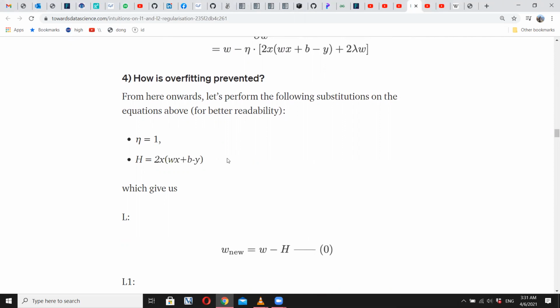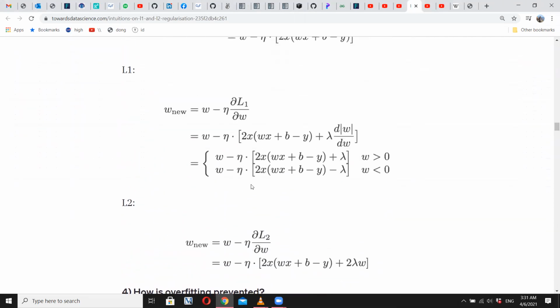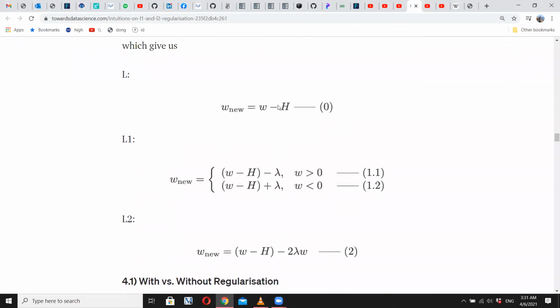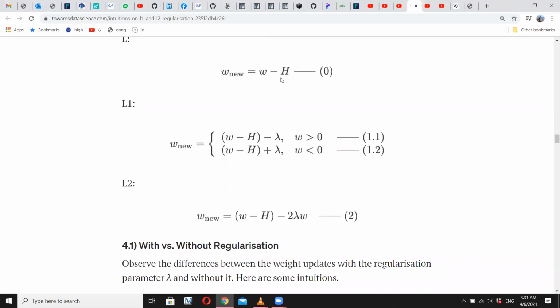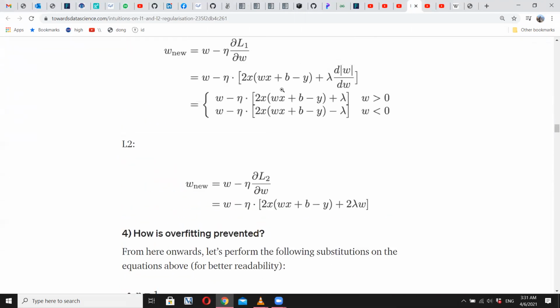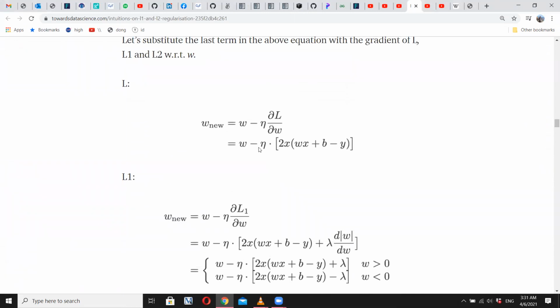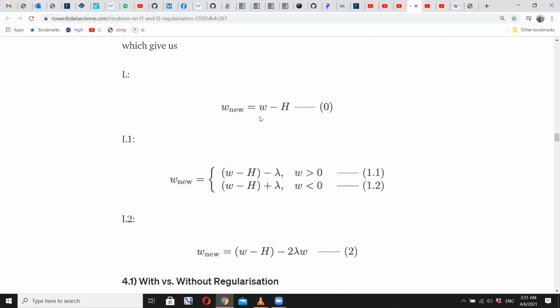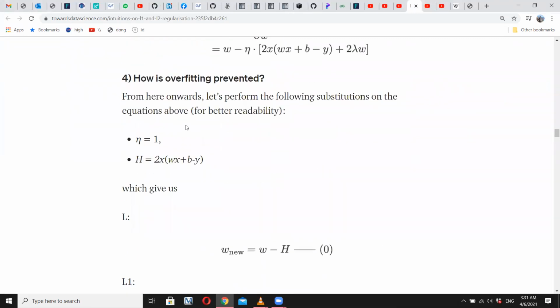Because this term is constant in all three models, it does not affect the comparison of my three models. If we substitute this term by h, we have w minus step size multiplied by h. For timing, we assume that step size is 1.